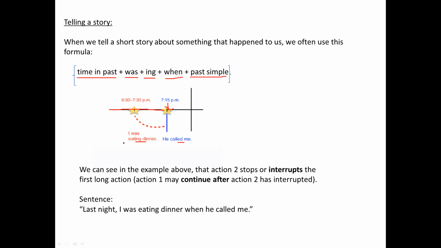So we've got this long action here. I was eating dinner, eating dinner, eating dinner. Suddenly, doom, he called me. So the second action here in blue is bang. And it stops the first action. The first action here in red is long, long, long. Then bang, it's stopped.